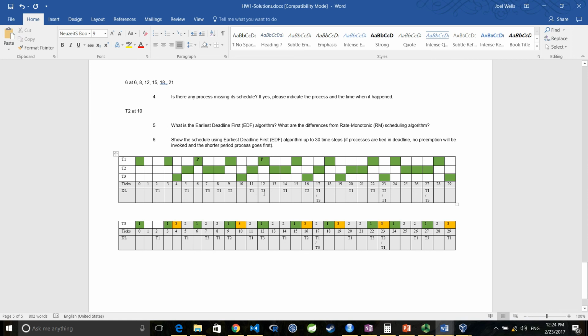That's the critical difference that starts us off on a better path where T2 doesn't miss its deadlines. It's just a smarter algorithm. It's more computationally intensive and a little bit more complicated, but it's smarter in that it looks ahead to the earliest deadlines.